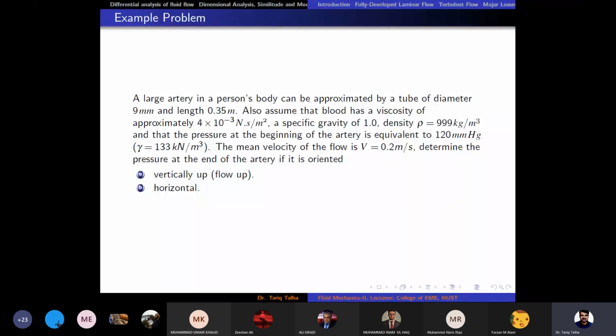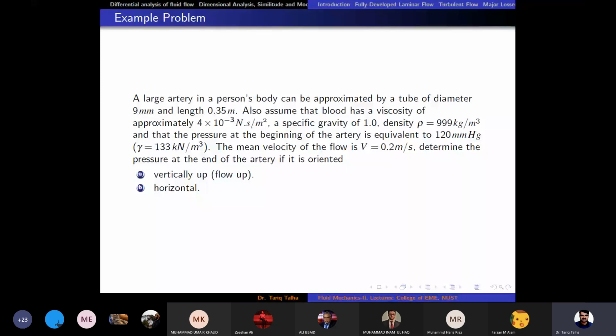We can also assume that the blood has a viscosity of 0.004 Newton second per meter square and a specific gravity of 1. It means the same density as water, which is 999 kilograms per meter cube.